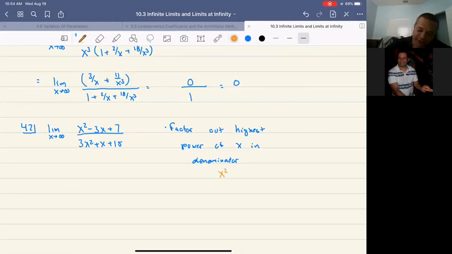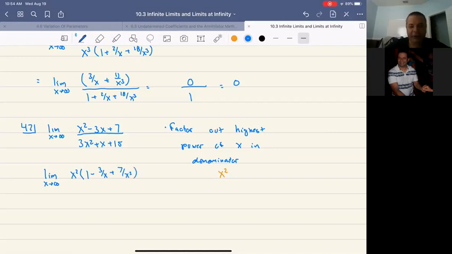So we take the limit as x approaches infinity, factoring out the x squared, of 1 minus 3 over x plus 7 over x squared.